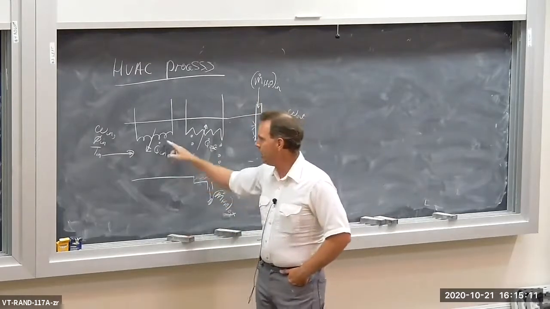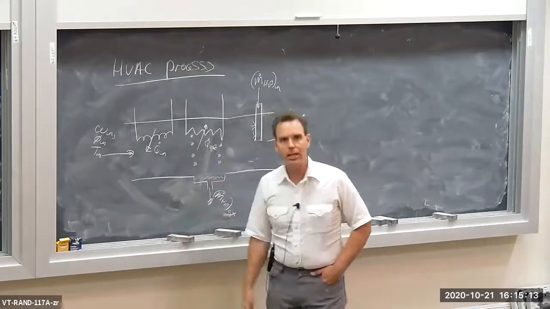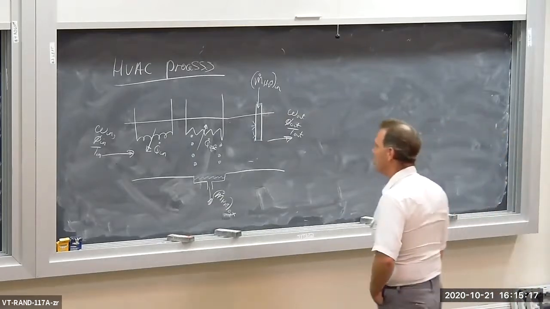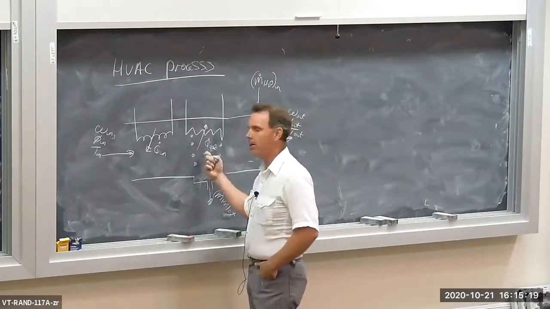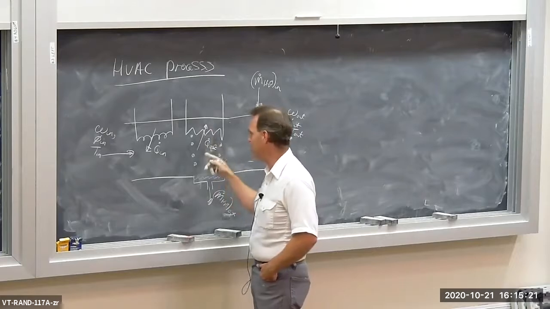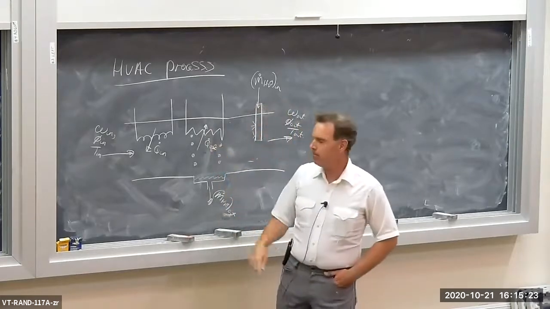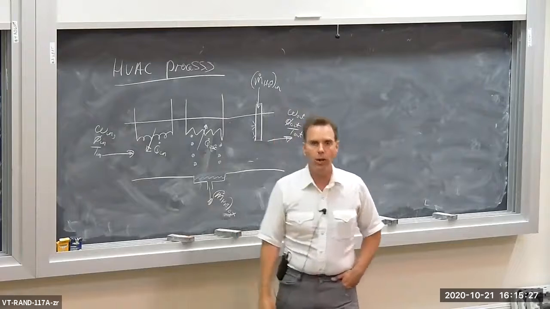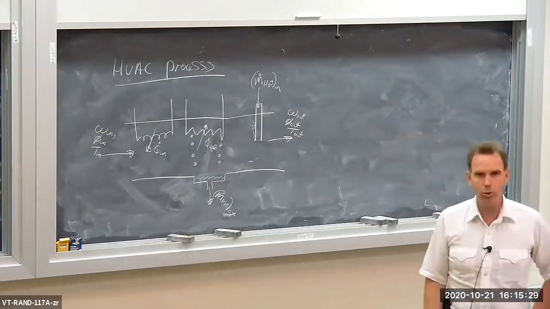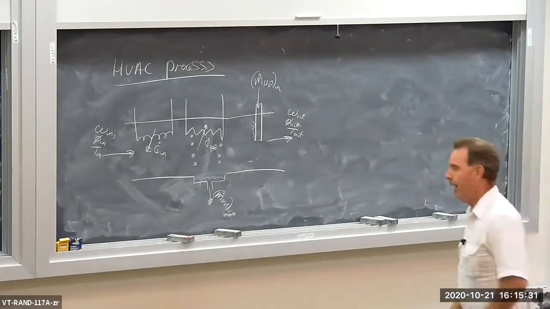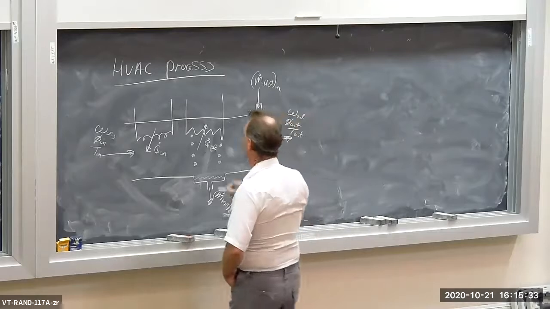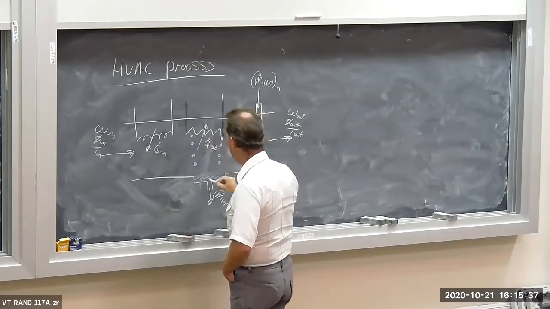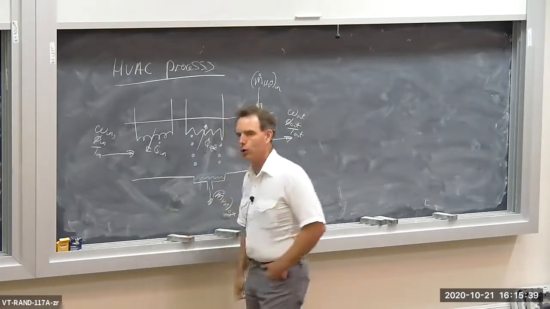We can either add heat using some sort of heating coils. We can cool the mixture. So this would be an air conditioning process where we reduce the temperature and absorb heat. Maybe there's some refrigerant flowing through these coils, so the coils are cold. As a result, the moisture condenses on the coils and liquid water drips down and is drained away.